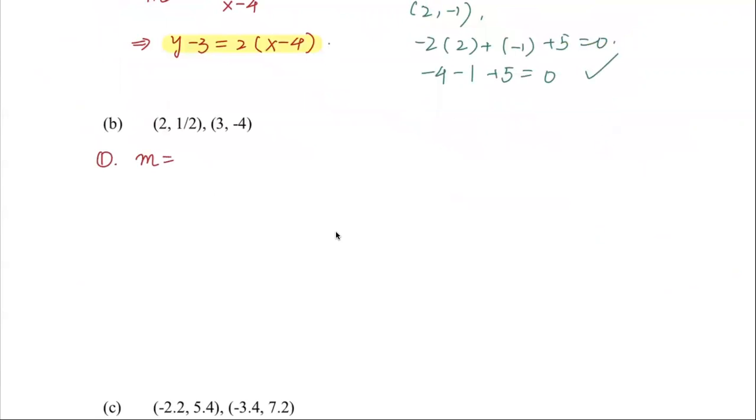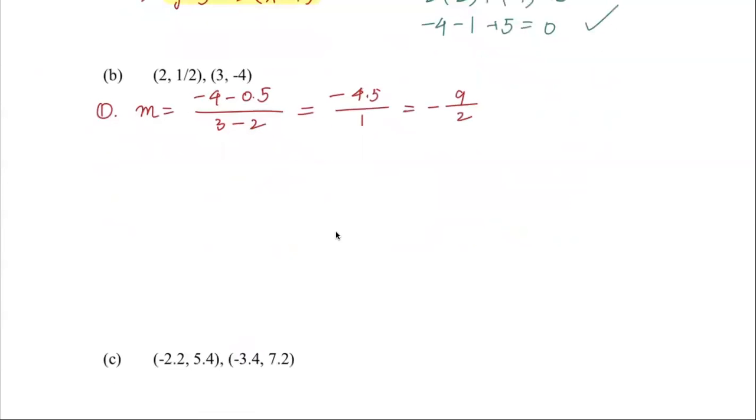The slope is equal to minus 4 minus 0.5 over 3 minus 2, which is equal to minus 4.5 over 1, which is minus 9 over 2, right? Because minus 4.5 is equal to minus 9 over 2. Okay, so that's the slope.